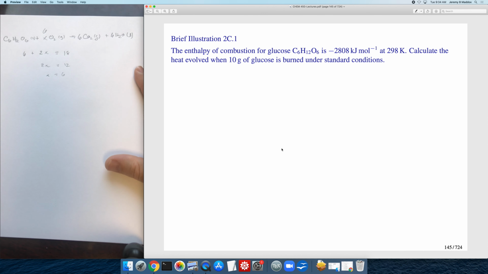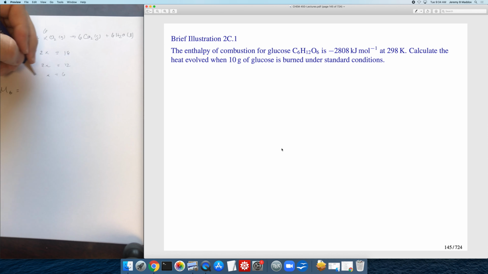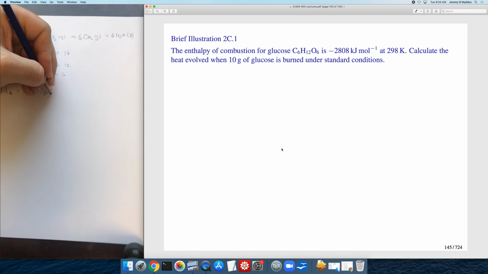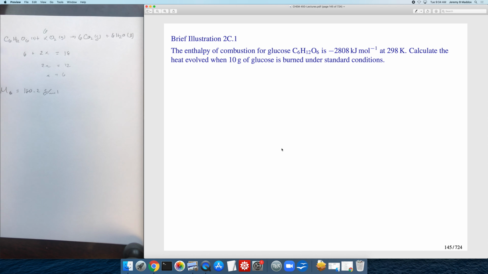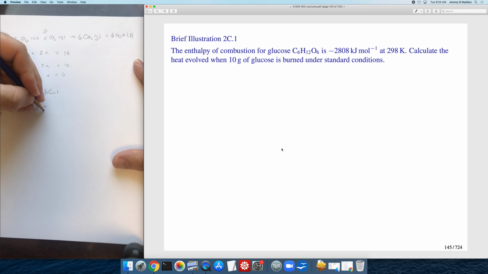So calculate the heat involved when 10 grams of glucose is burned. We're going to need the molar mass of glucose in order to do this calculation. So I'm going to calculate that real quick. Getting 180.2 according to my calculation. And so now what we're going to do is go from grams of glucose to moles of glucose.